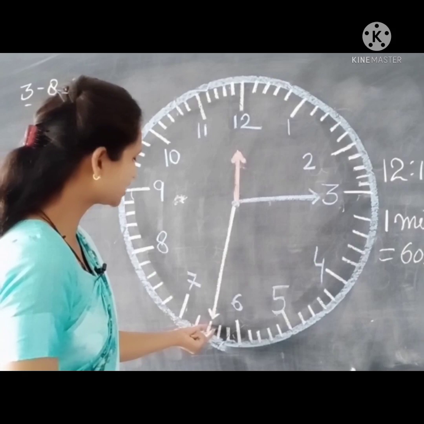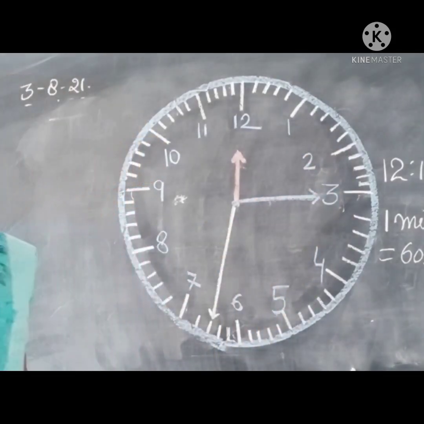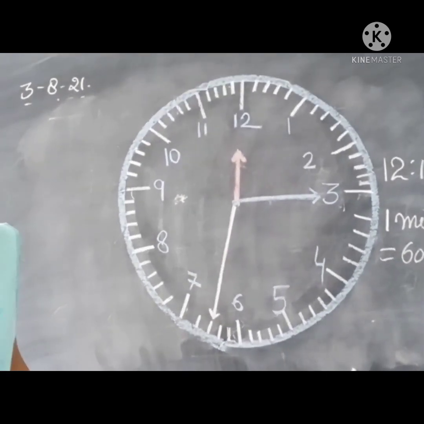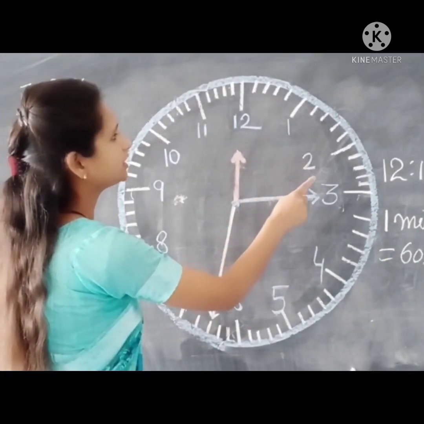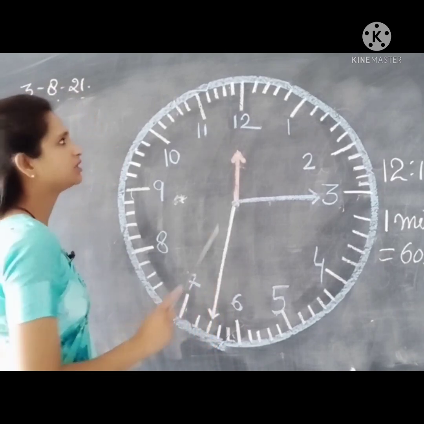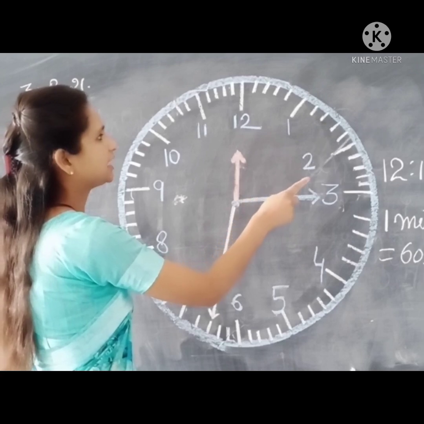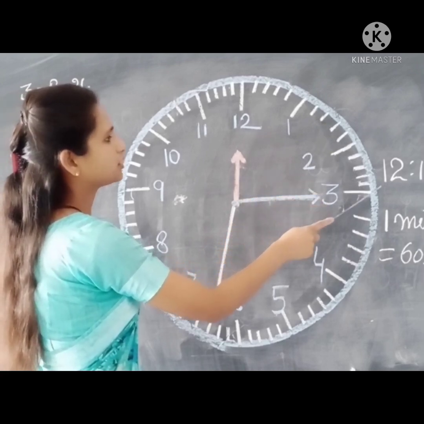For seconds also we have to count these subdivisions. You know that there are 5 subdivisions: 1, 2, 3, 4, 5, 6, 7, 8, 9, 10, 11, 12, 13, 14, 15.